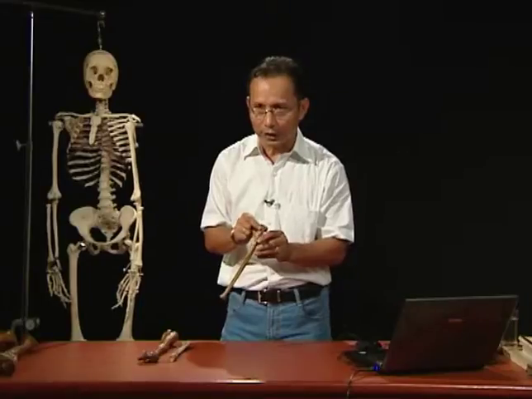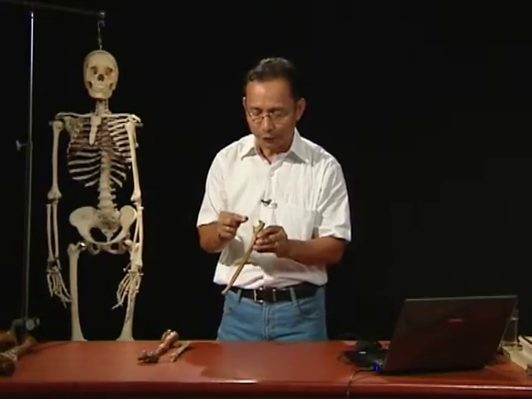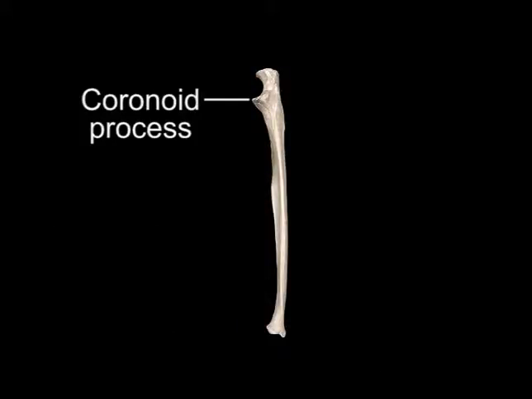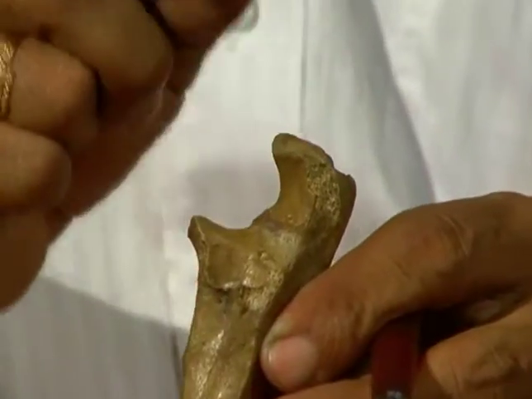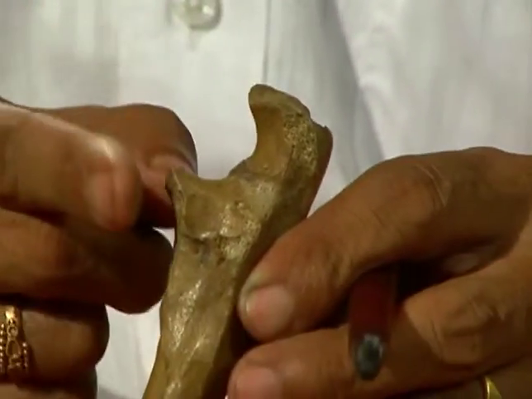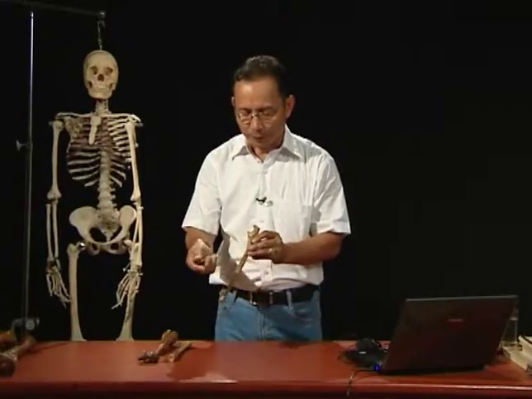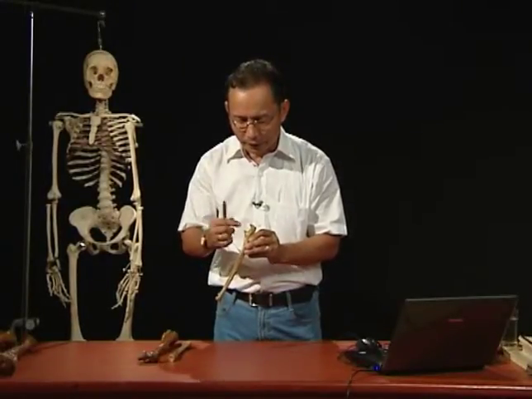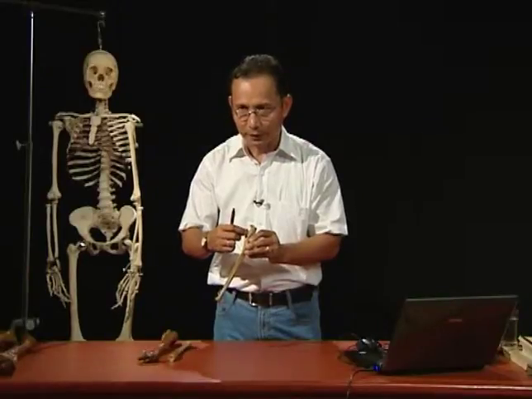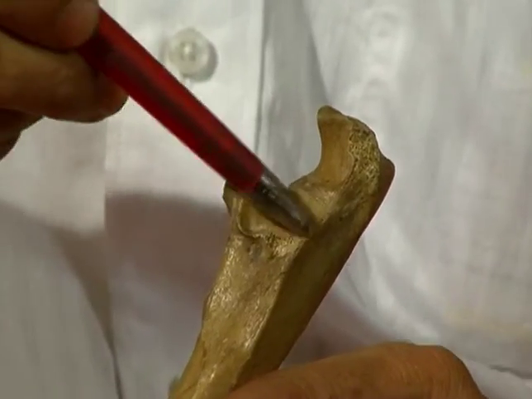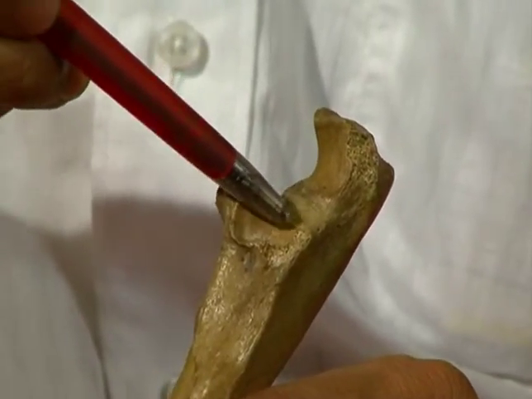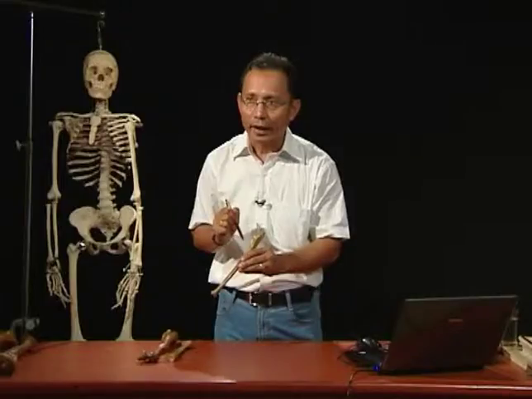Then below this olecranon process we have the coronoid process. So 2 processes, olecranon process and coronoid process. Here there is a small articulatory surface which articulates with the head of radius.